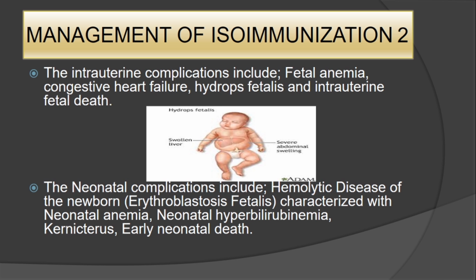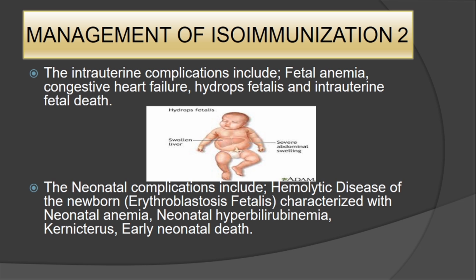This is as a result of the hemolytic process associated with Rhesus positive red blood cells that are already sensitized and exposed to IgG immunoglobulins. And this fetal anemia can lead to congestive heart failure, and the congestive heart failure can also lead to hydrops fetalis and intrauterine fetal death.